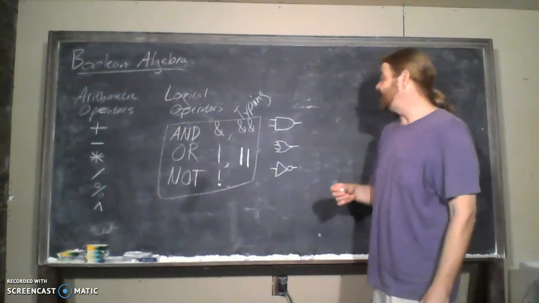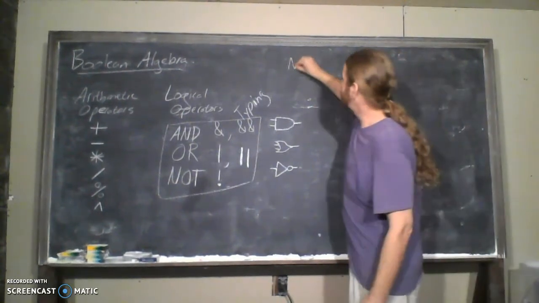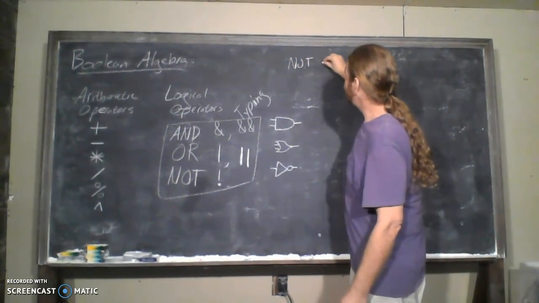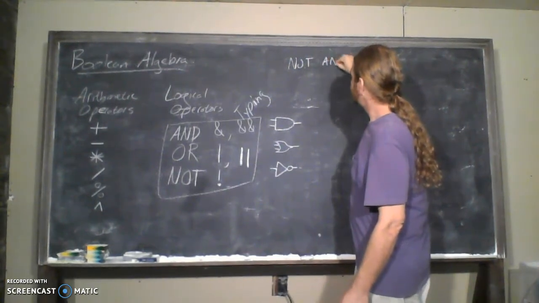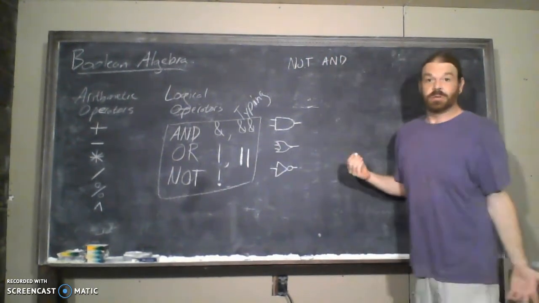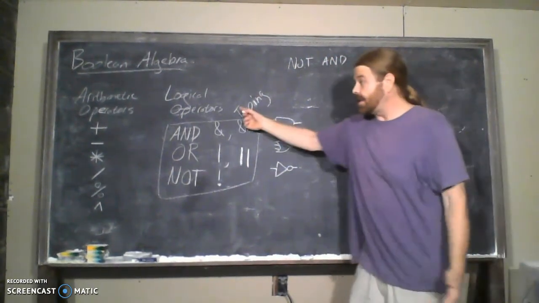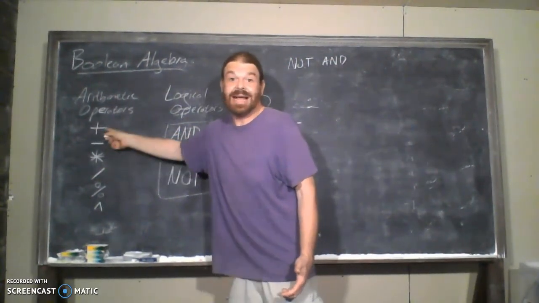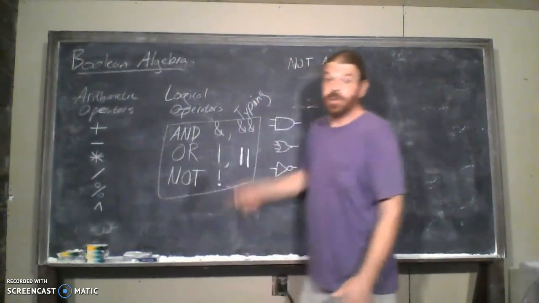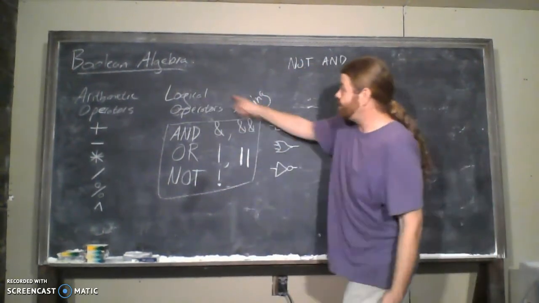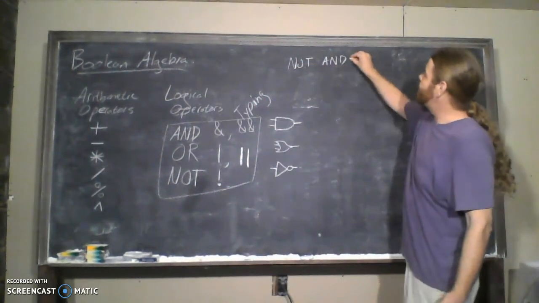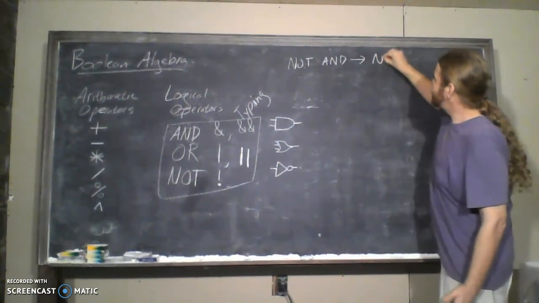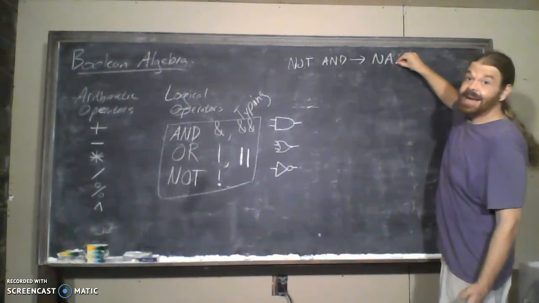Because we can combine these. So like NOT and, we can combine multiple logical operators just like we can combine addition and division, right? We can add some numbers and then divide by another number. We can combine our operators, so like NOT and, we would usually say NAND.